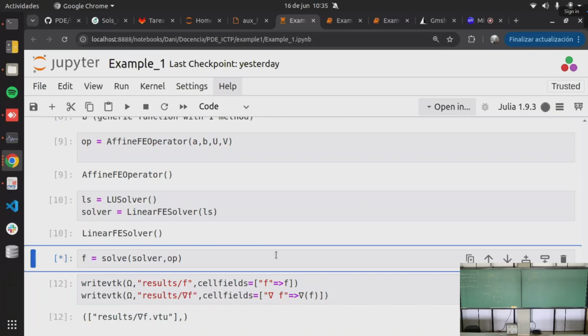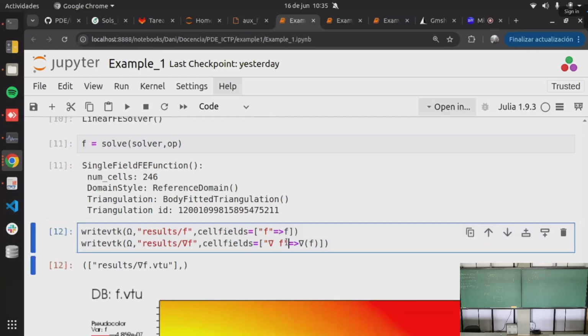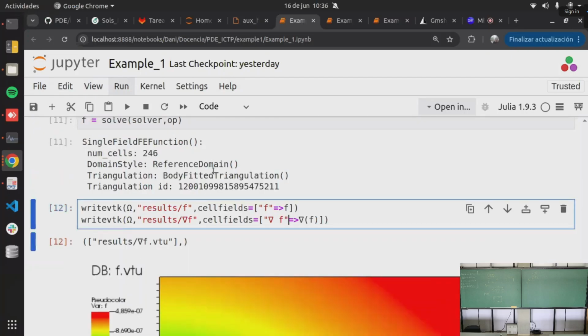And after all, we solve the equation for f. I use VisIt to visualize the solutions, but we can use ParaView as well. Is it necessary that I show you the solutions with VisIt, Oscar? Maybe we can do it, or is it unnecessary?